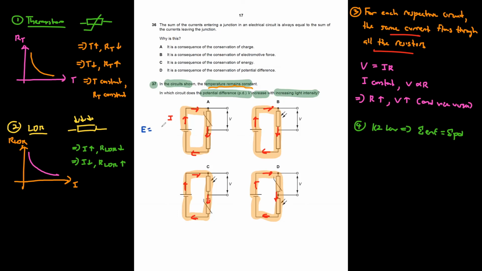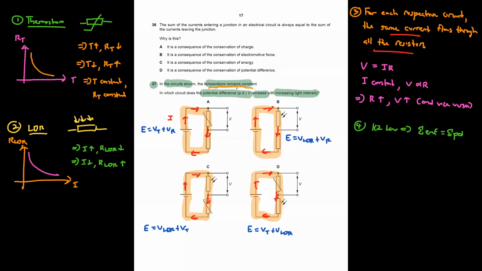EMF E for circuit A is equal to the PD across your thermistor plus the PD across your fixed resistor. For circuit B, EMF E is equal to the voltage across your LDR plus the voltage across the fixed resistor. For circuit C, EMF E is equal to the voltage across your LDR plus voltage across your thermistor. And lastly, for circuit D, EMF E is equal to the voltage across your thermistor plus voltage across your LDR. Let me just write this properly. This is plus P LDR.